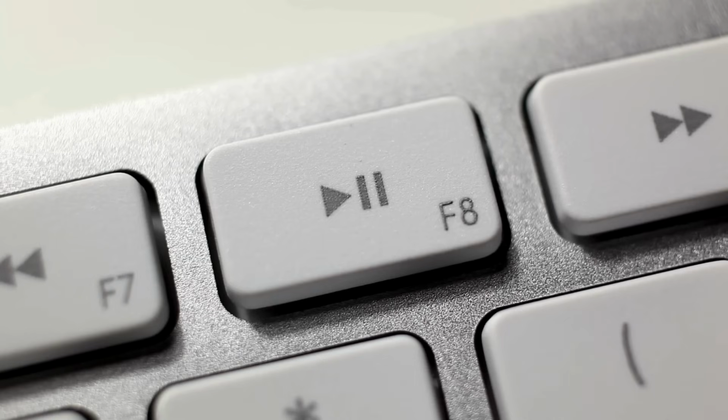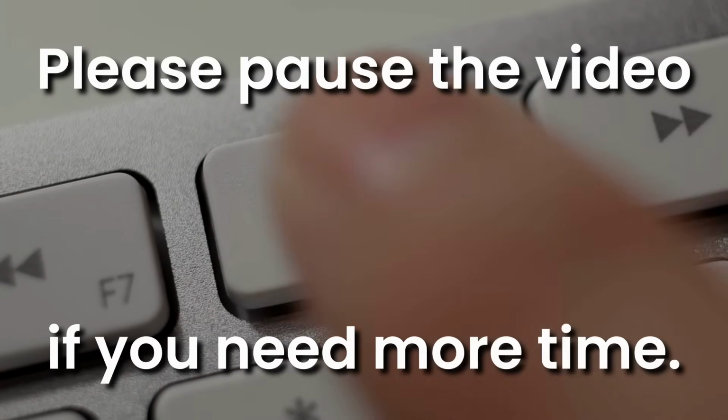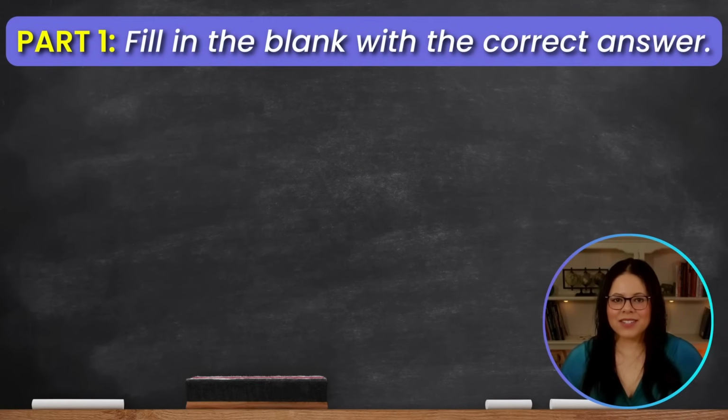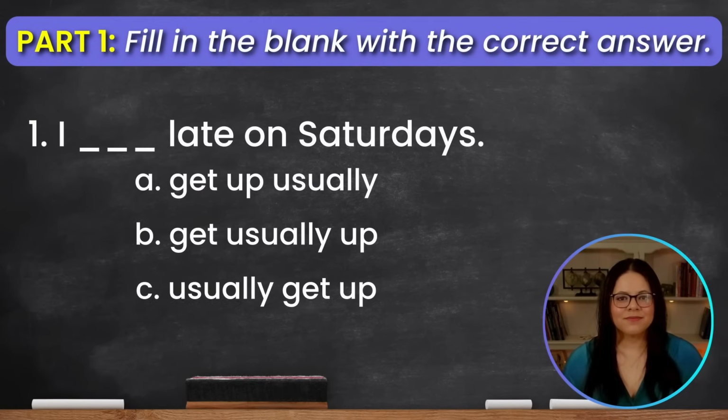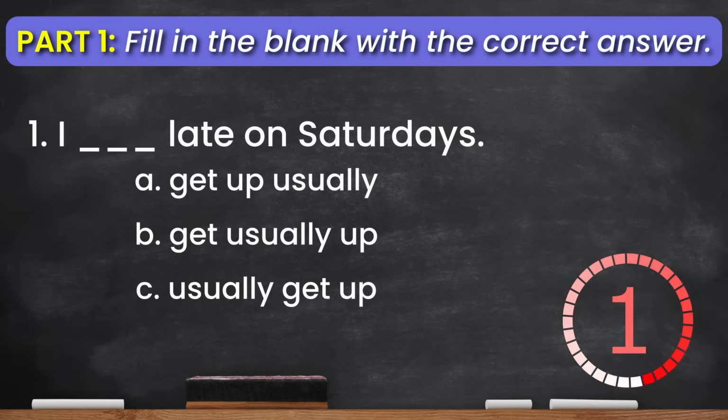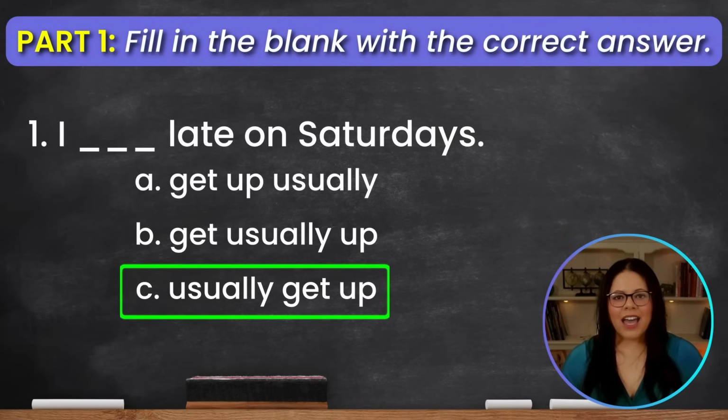I'll give you 3 seconds to think about your answer, but please pause the video if you need more time. Fill in the blank with the correct answer. Number 1, I late on Saturdays. C, I usually get up late on Saturdays.